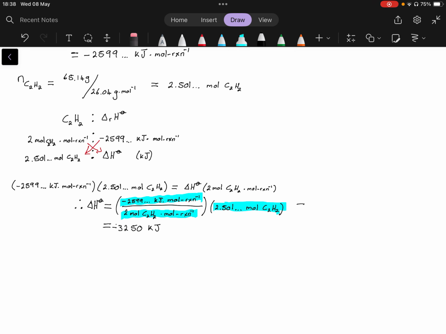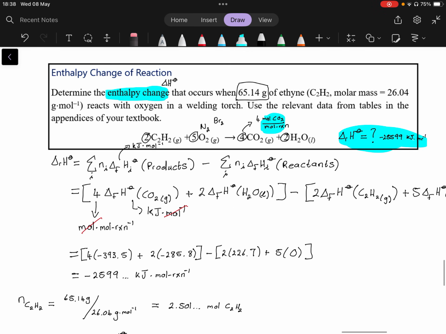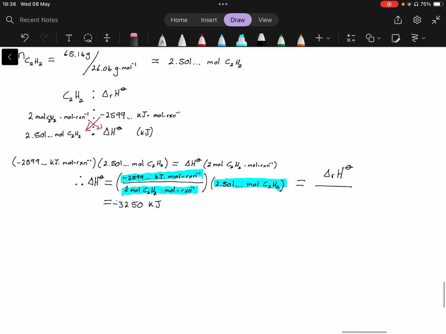So if you want to write a formula for yourself, it's delta RH naught divided by, we call these units Ni, so divided by Ni multiplied by N of C2H2, whatever you want there. And then that's how it should relate.